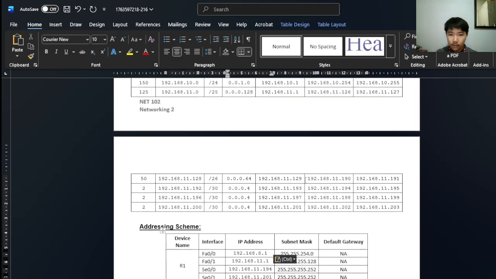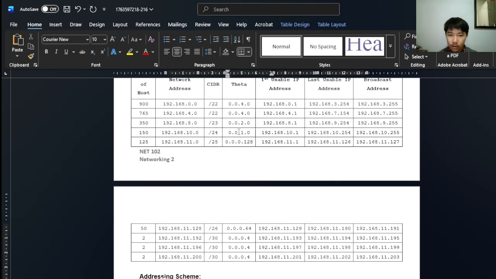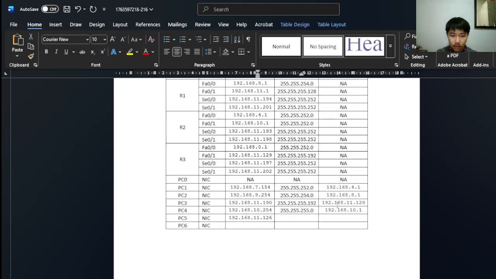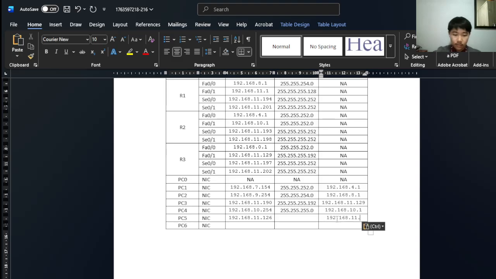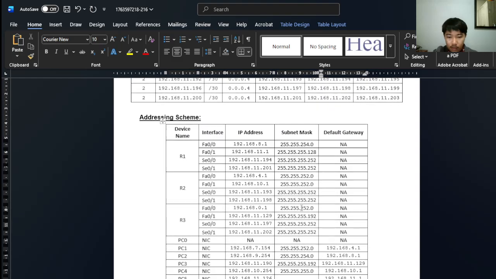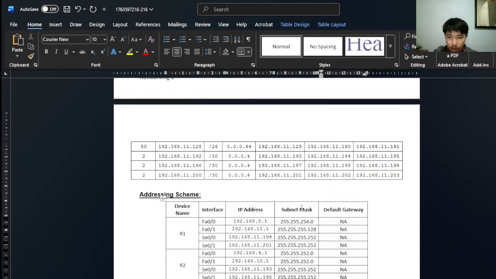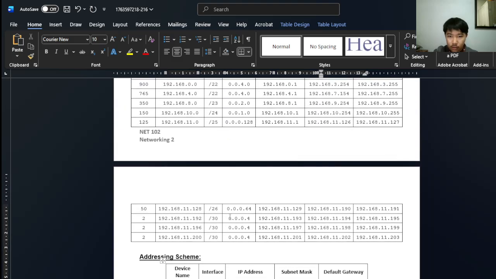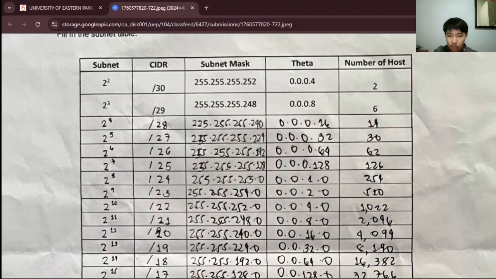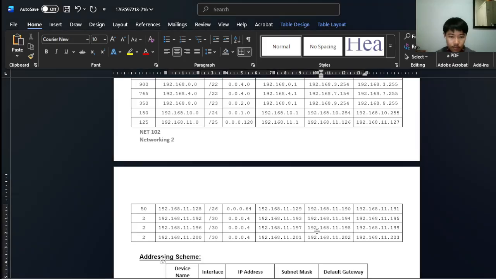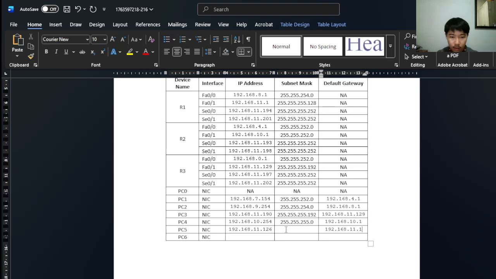So let's get the default gateway, the first usable IP address. For its subnet mask, let's check the CIDR of 150 hosts, which is 24. CIDR 24 has 255.255.255.0.